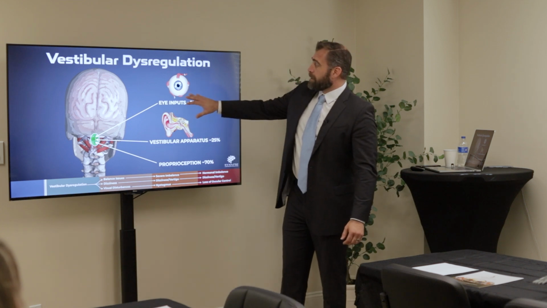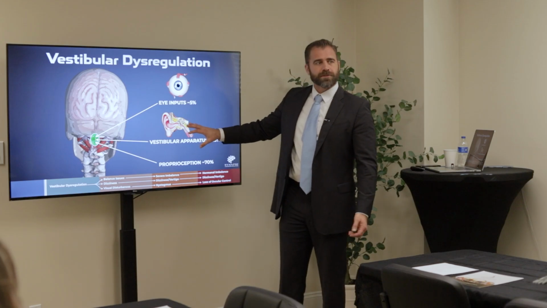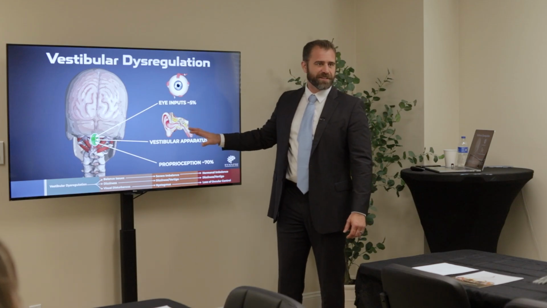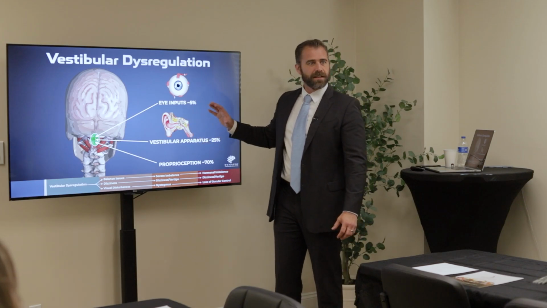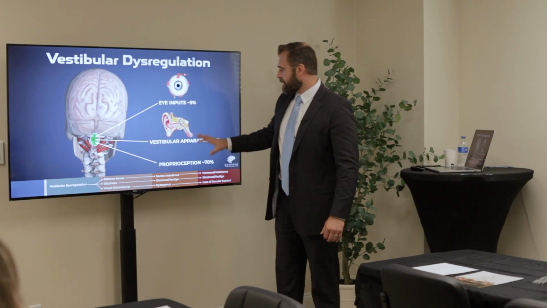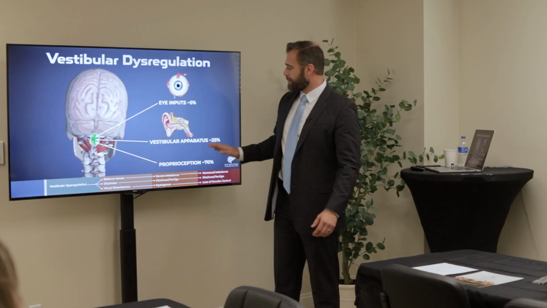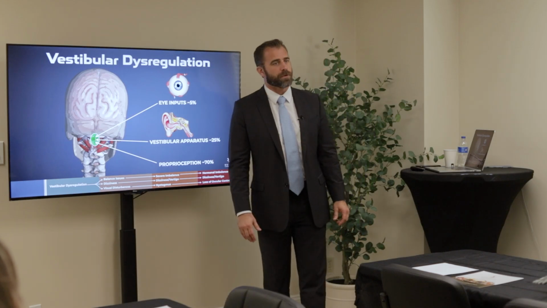The eyes give about 5% of the information. The inner ears, even though there's an entire field essentially dedicated to this, like the ENTs, it's the crystals and the apparatus in there, it's actually only about 25% of the integrated system. About 70% of the information is proprioceptors.